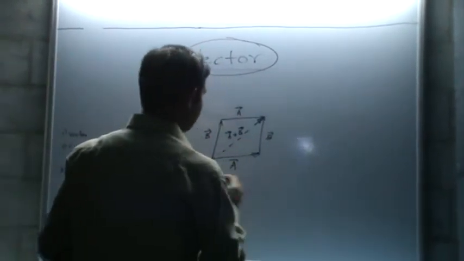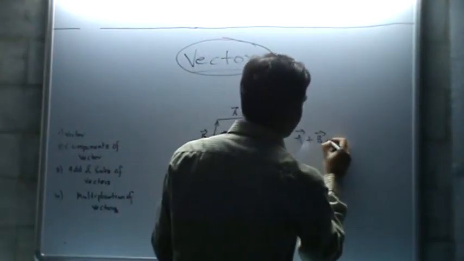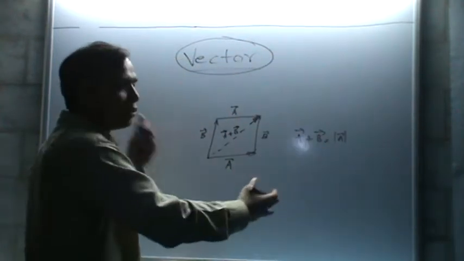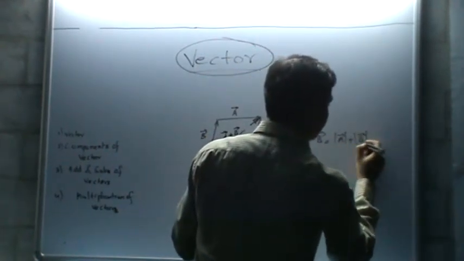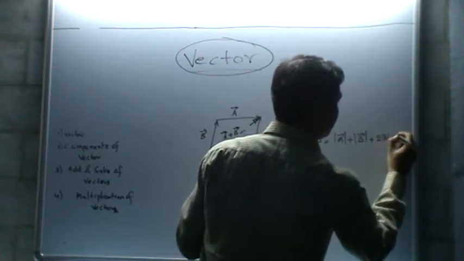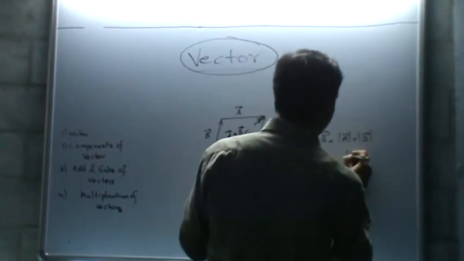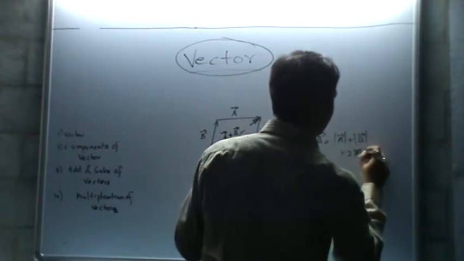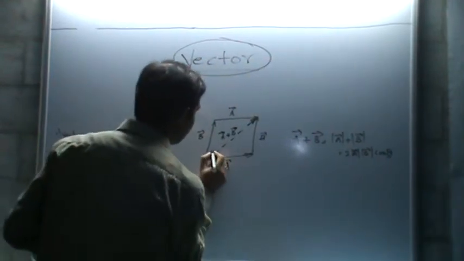How do we find the value of A plus B? The magnitude of A plus B equals mod A squared plus mod B squared plus 2 mod A mod B cos theta, where theta is the angle between the two vectors.